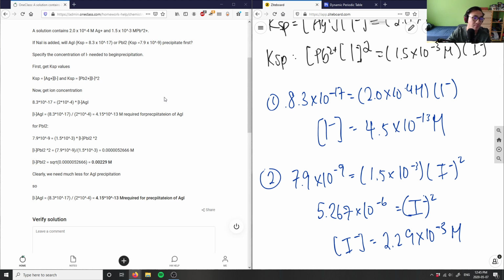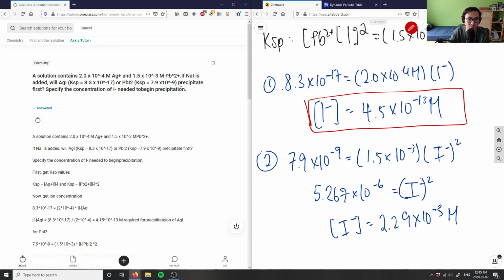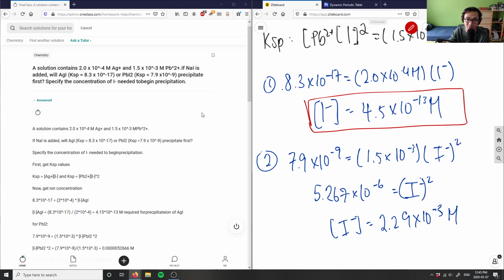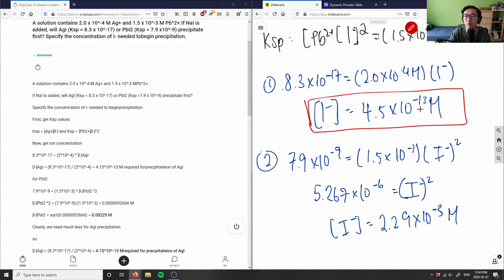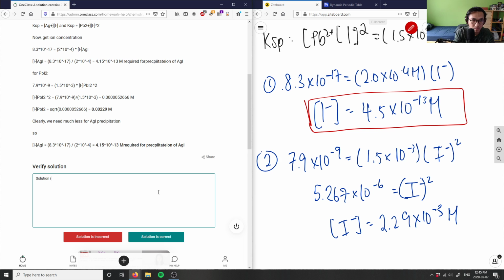Well, depending on how much iodide I add, I know that silver is going to precipitate first, because I need a lot less iodide to precipitate my silver. Therefore, silver iodide is the correct answer. Silver iodide will precipitate first, and I'm only going to need 4.5 times 10 to the negative 15 molar. So again, this solution here is correct. Good analysis here.